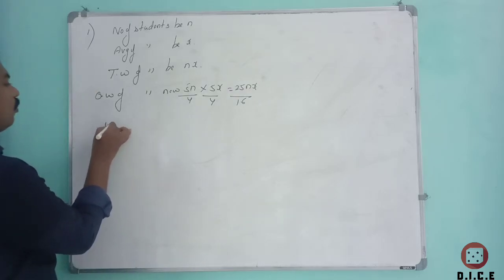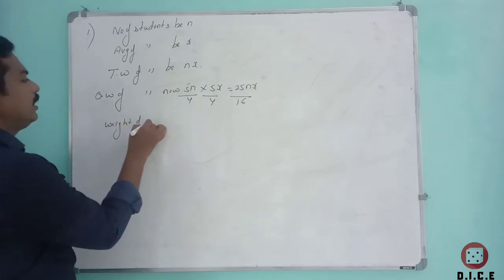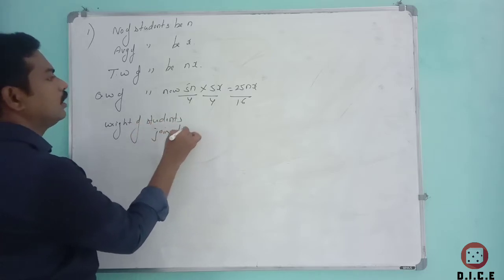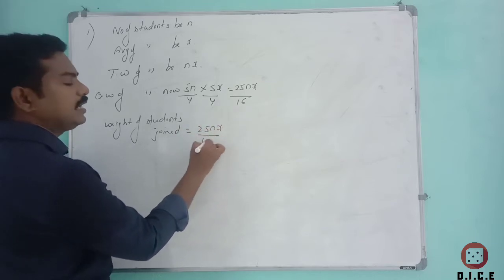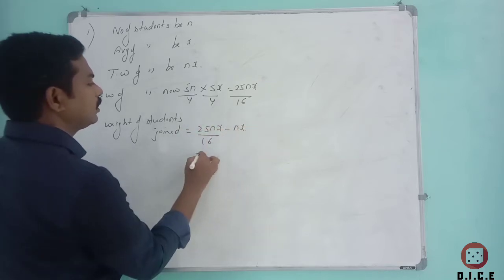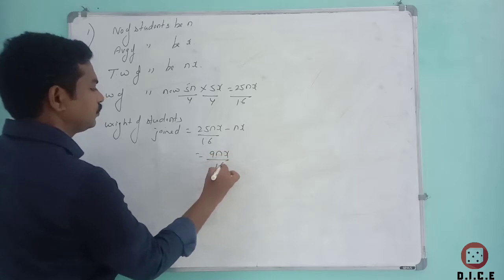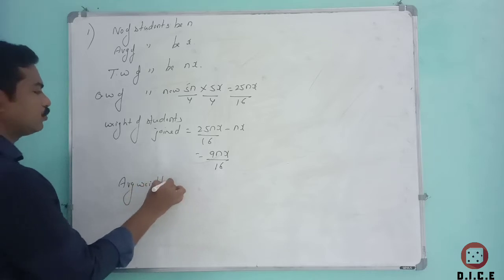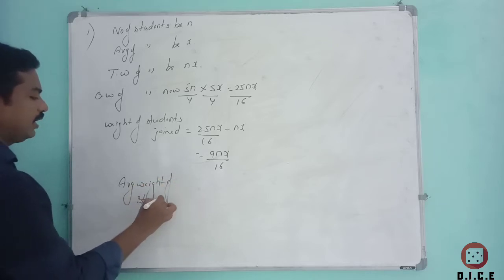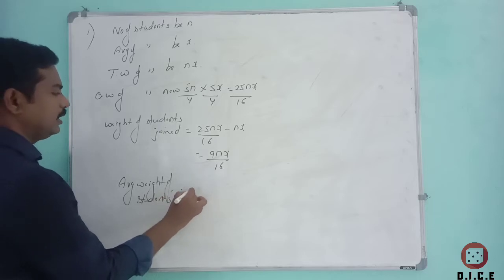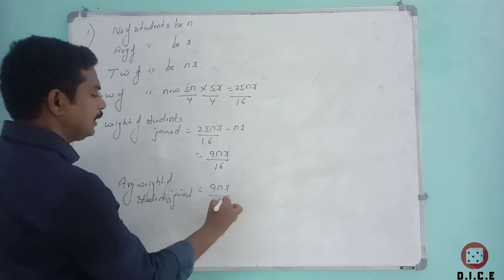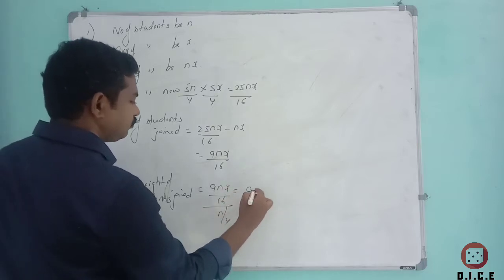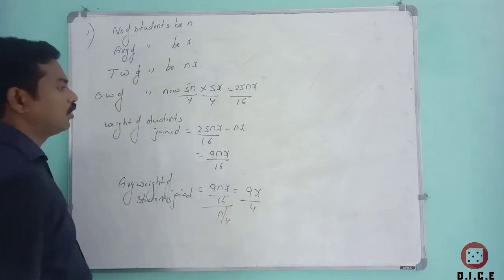Therefore, the weight of the students who joined is 25nx by 16 minus nx, that is 9nx by 16. Therefore, the average weight of the students who joined is 9nx by 16 divided by n by 4, that is nothing but 9x by 4.